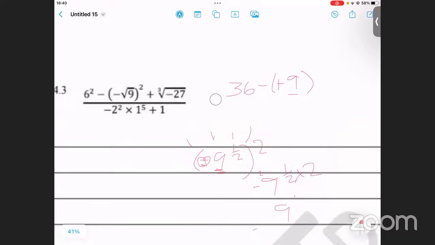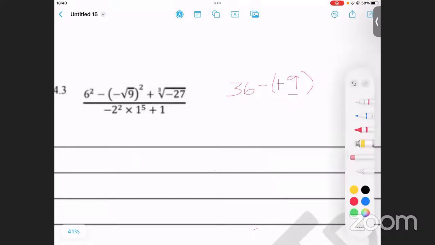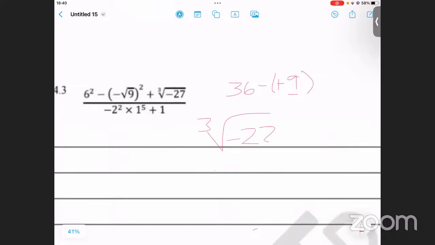And now we can deal with the cube root of negative 27. Let's do it on the side. So we're having a cube root of negative 27. Then to simplify this, we're going to have negative 27 to the power of 1 over 3.